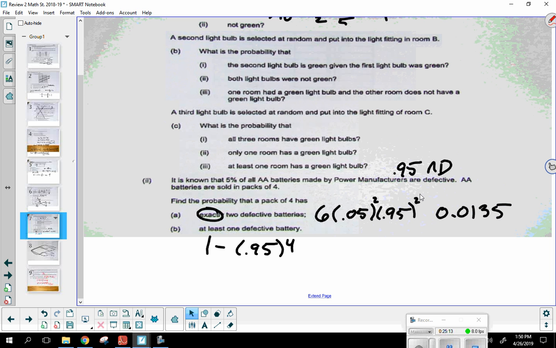So here we just use the idea of the complement to cut down all the work we had to do. Why did you raise it to the fourth? Well, because on that one branch, remember, there are 4 batteries, so there's a 95% chance that each of the 4 is going to be just fine. It'll work. Just like in the previous one, 2 are going to be defective and 2 would be effective.